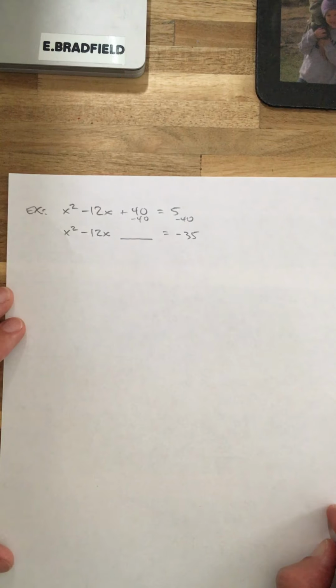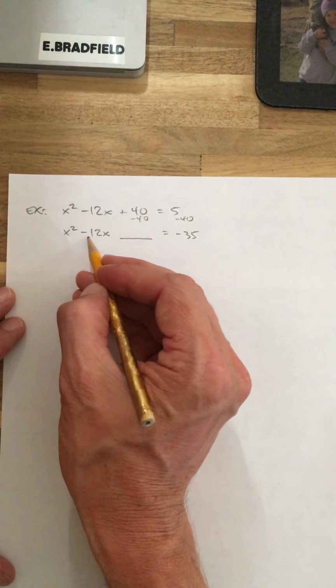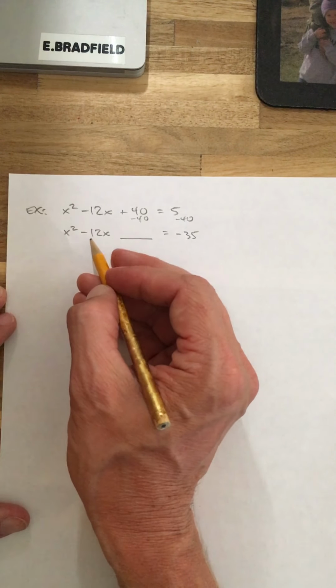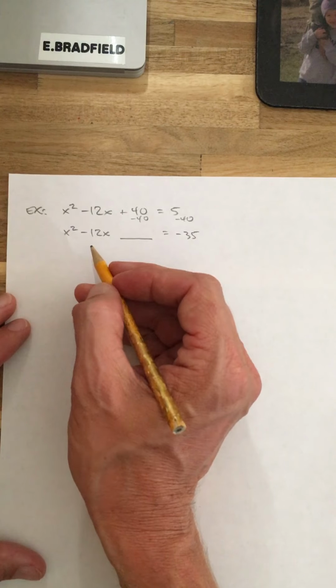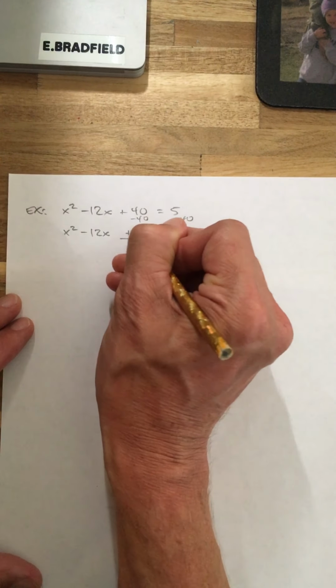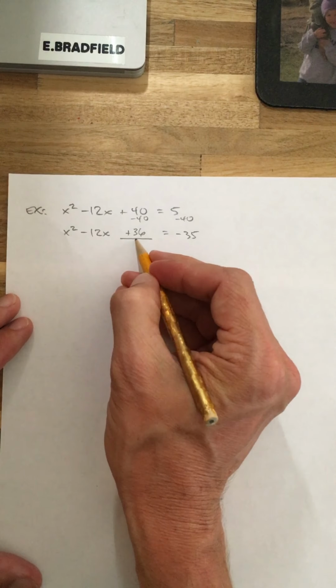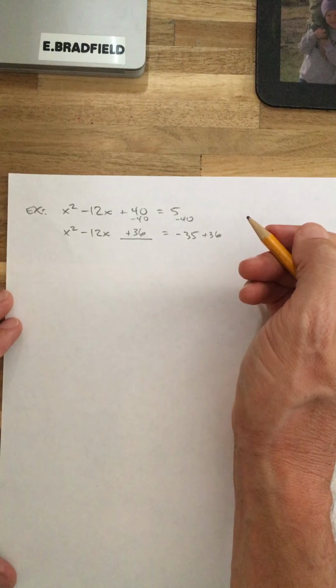Okay, all right. Now, remember to fill in this blank, you take the b term, you cut it in half. So negative 12 cut in half is negative 6, and square negative 6. Negative 6 times negative 6 is positive 36. So put a plus 36. And if I add 36 here, I have to add 36 here. Okay?